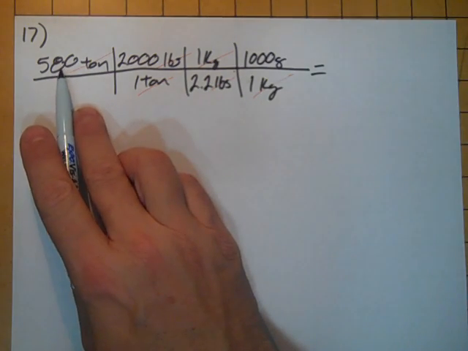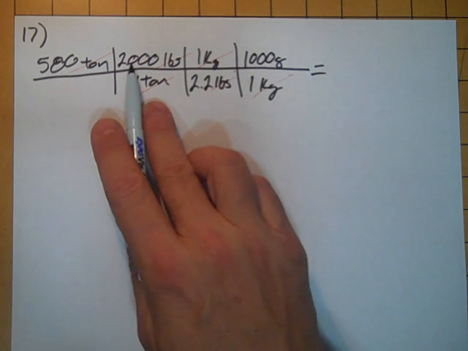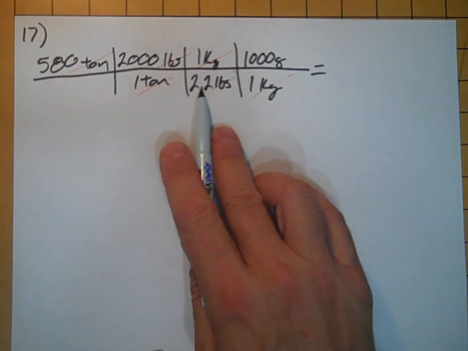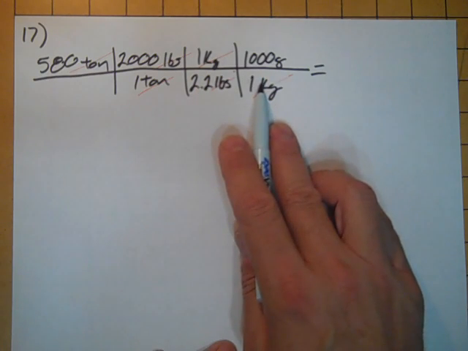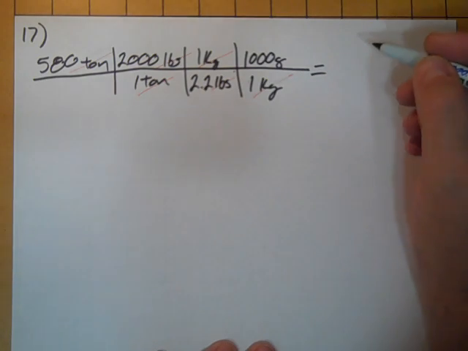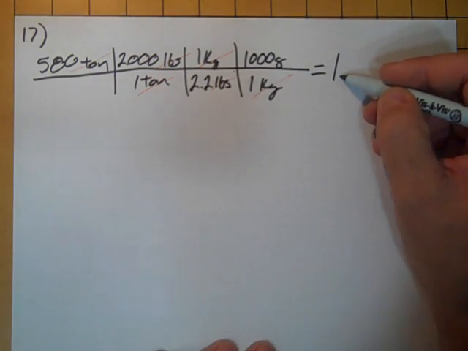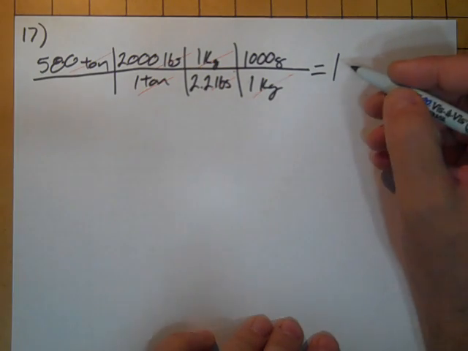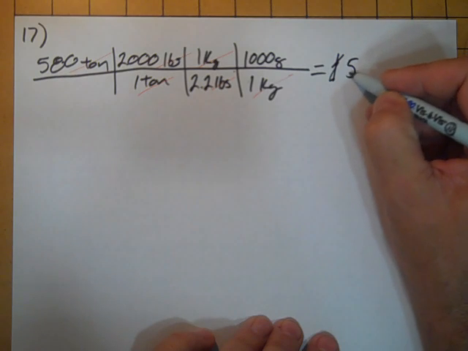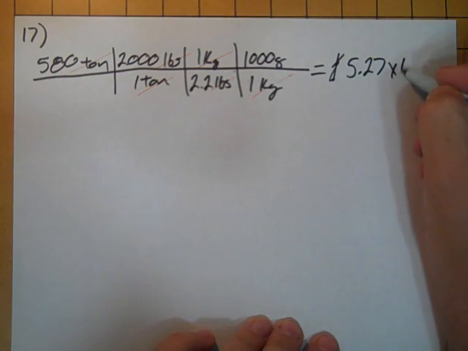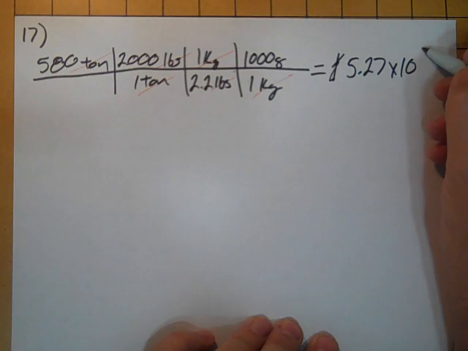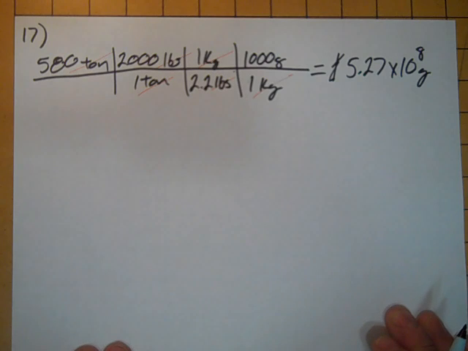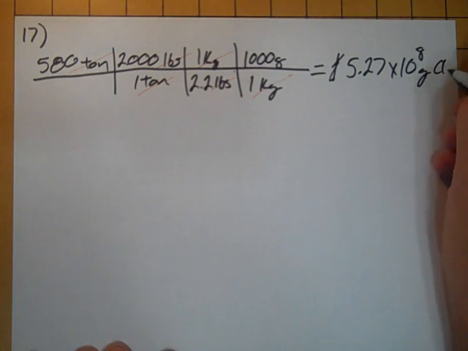You multiply across the top, so it's 580 times 2,000 divided by 1 times 1 divided by 2.2 times 1,000 divided by 1, and this whole thing equals 5.27 times 10 to the 8th grams. And that's grams of Cl2.